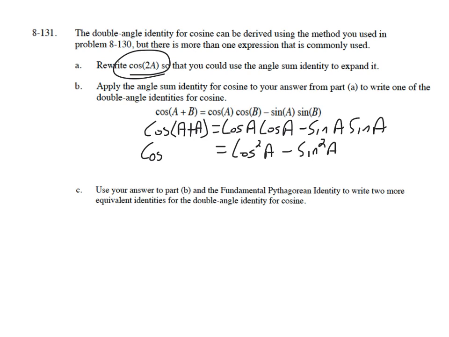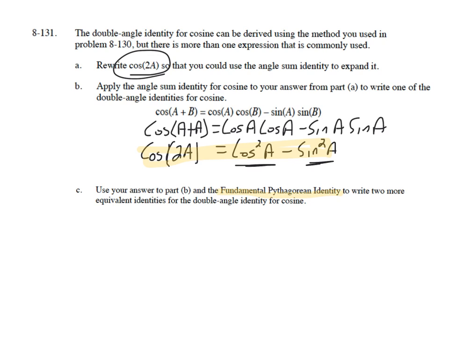Therefore, the cosine of 2 times angle A is equal to the cosine squared of A minus the sine squared of A. This happens to be your double angle formula for cosine, or at least one of the double angle formulas for cosine, because we can take that expression and rewrite it using our fundamental Pythagorean identity.